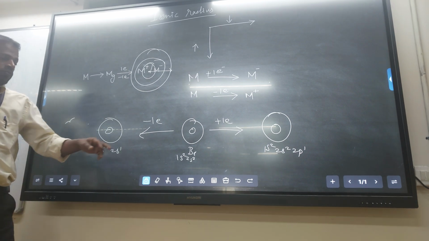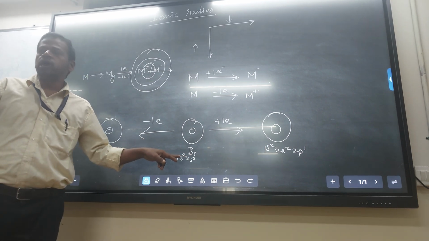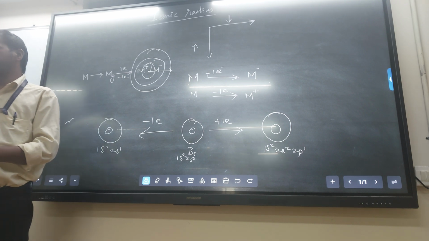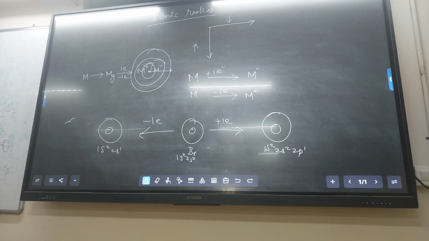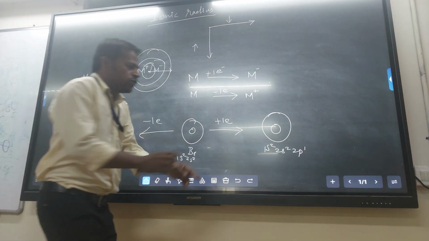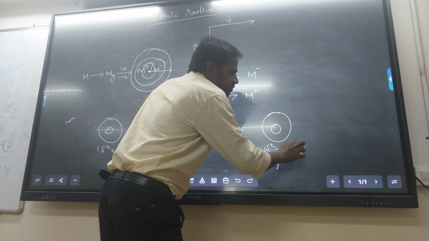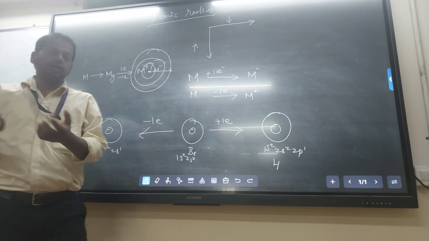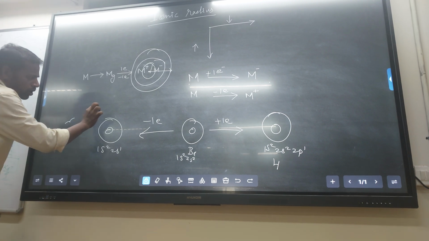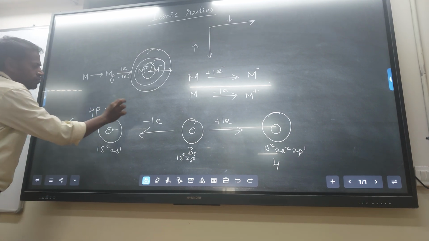Four electrons means how many protons? Four electrons means four protons. Okay, but here four protons are there and five electrons. But here four protons and three electrons.